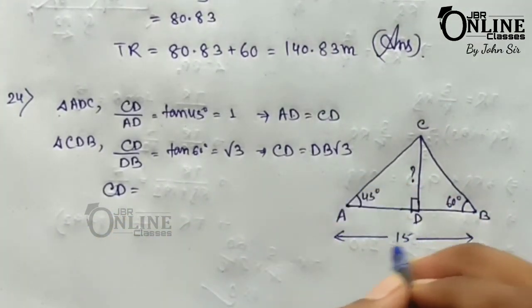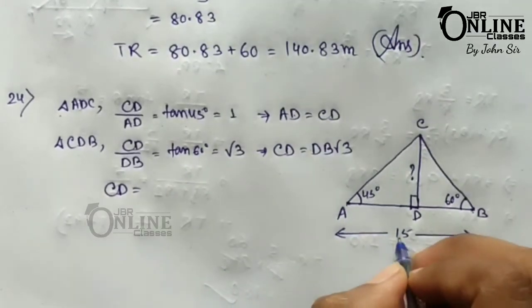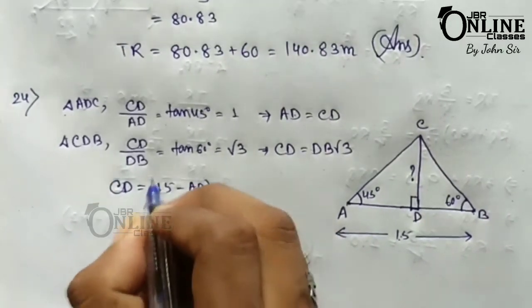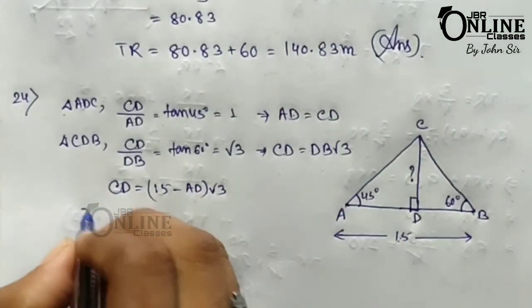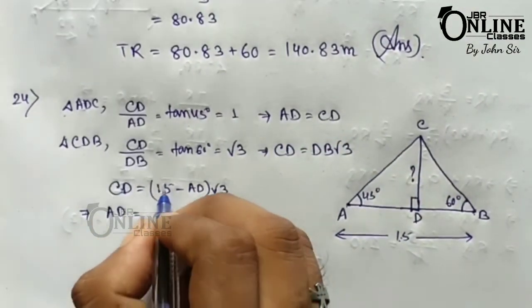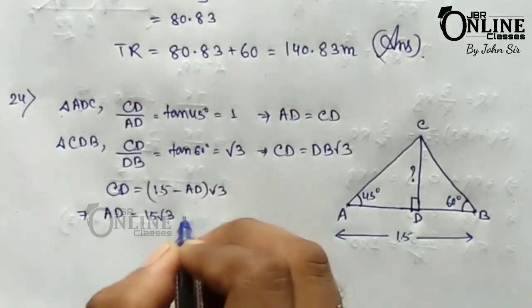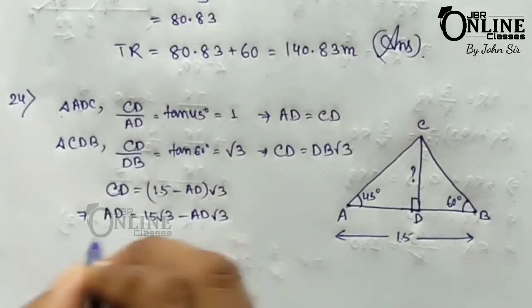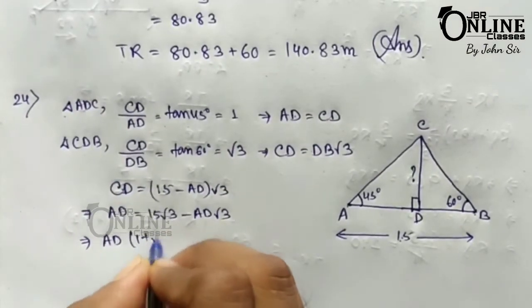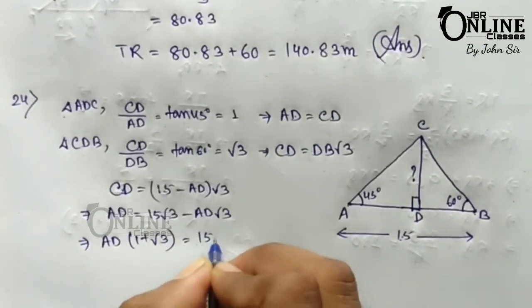Now as AB equals 15, DB equals 15 minus AD. So we can write here (15 minus AD) root 3. Okay, now CD equals AD, so write here AD equals 15 root 3 minus AD root 3. Now AD common, then (1 plus root 3) AD equals 15 root 3.